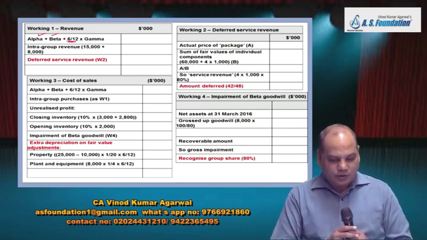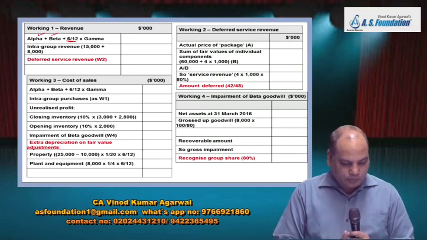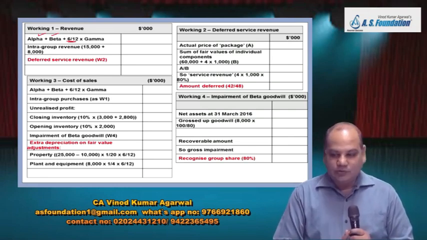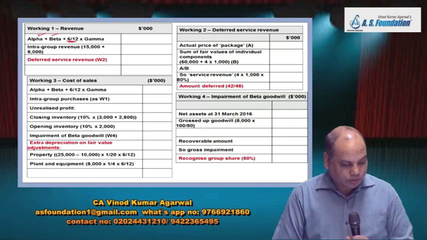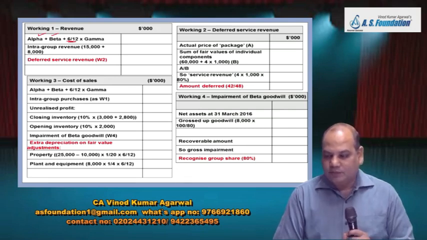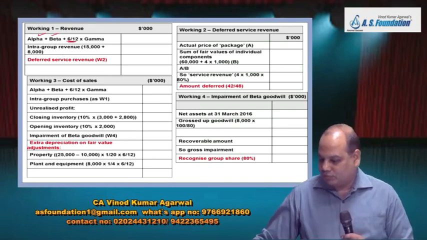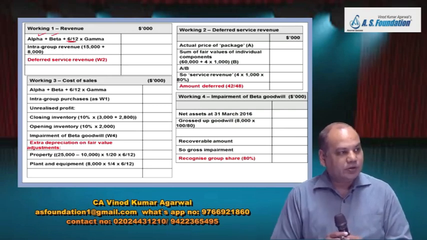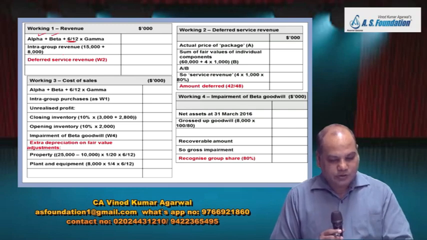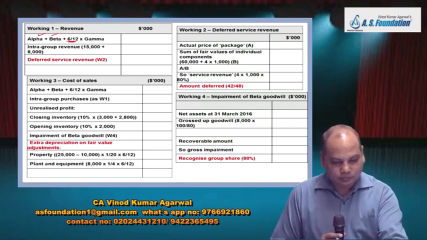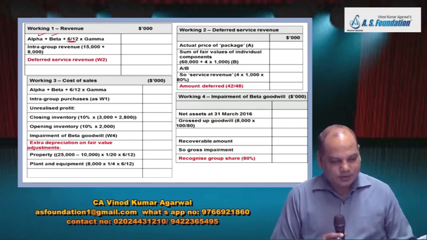Shares were acquired on 1st October. Year ending date is 31st March. So tell me the total of alpha, beta and half gamma. Haji, 6 lakh? Is it 6,65,000? Yes.